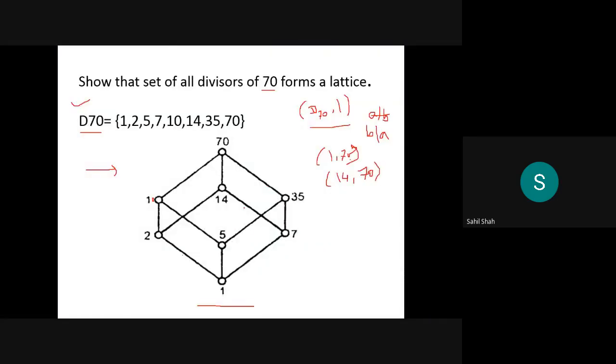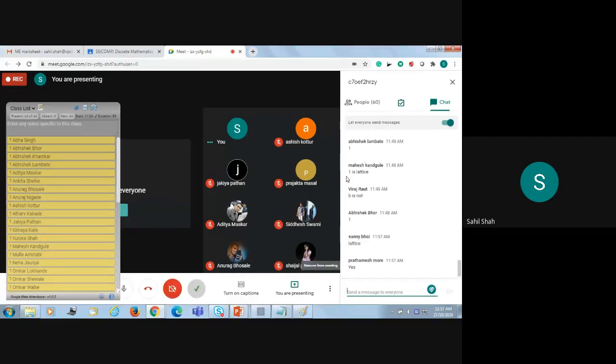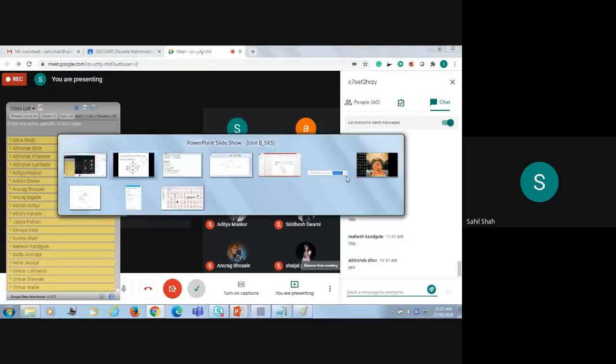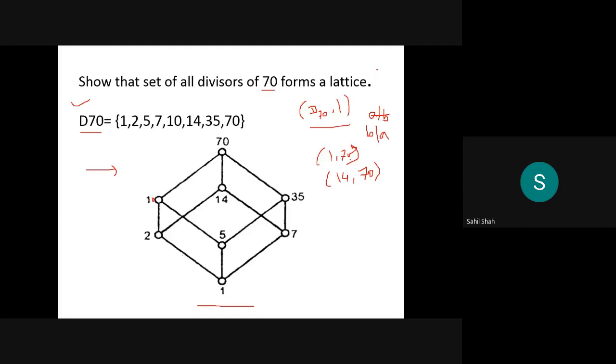Is this a lattice or not? Yes, it is a lattice. But how to show it? If this question is asked for 8 marks, how do you show it? There should be a proper way.